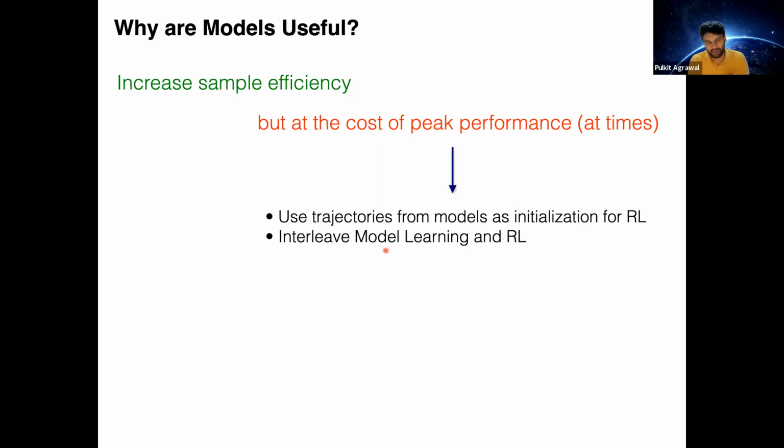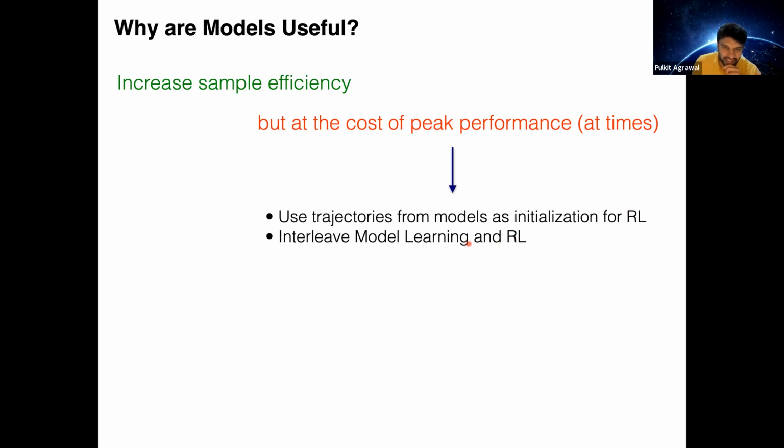We would typically interleave model learning and RL together, or as we saw in guided policy search, we could use trajectories from models as initialization for RL and then iteratively do this process.